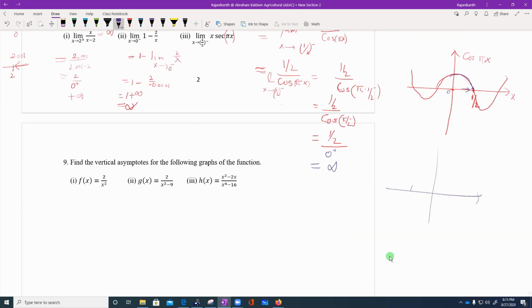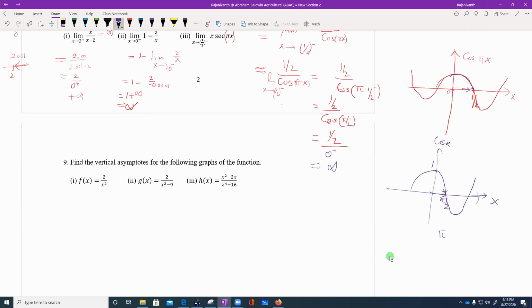You know cosine graph, right, everyone? Cosine graph starting with 1, then getting 0 at pi over 2. So if you want to find the value, left of pi over 2, graph is approaching 0 above, positive 0.